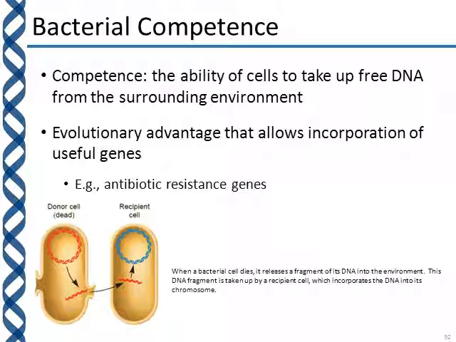Here we show an example. When a bacterial cell dies, it releases a fragment of its own DNA into the environment. This DNA fragment is taken up by a recipient cell, which incorporates the DNA into its chromosome.